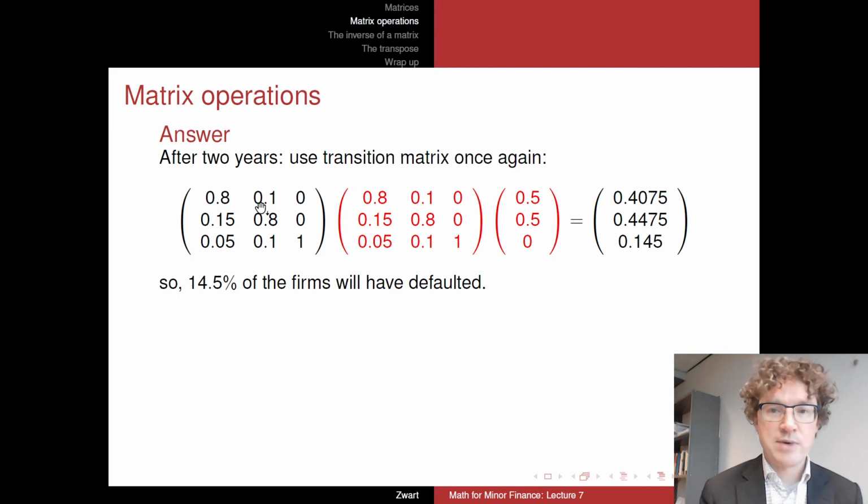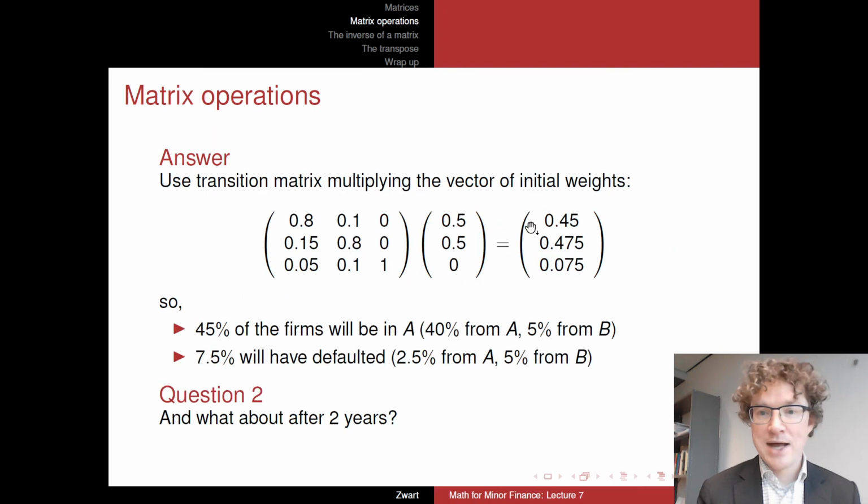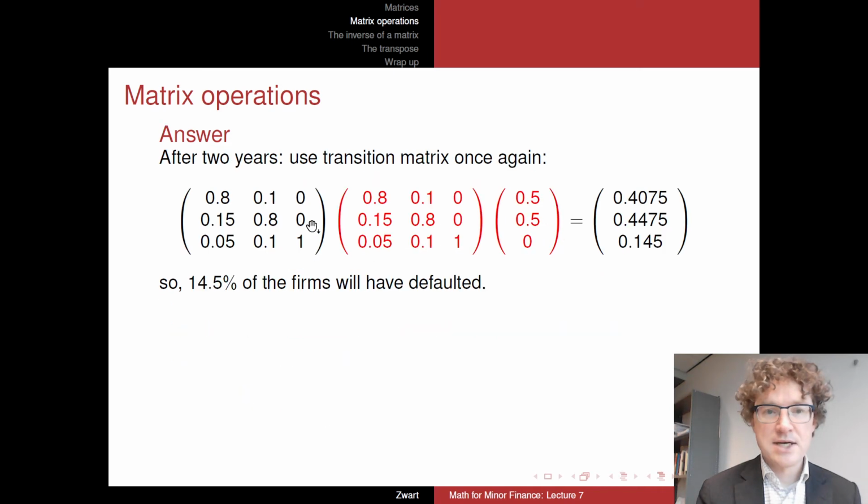So I start out with the answer that we had after year 1, and by multiplying once more with the same transition matrix T, I will again have to first compute the red bit.